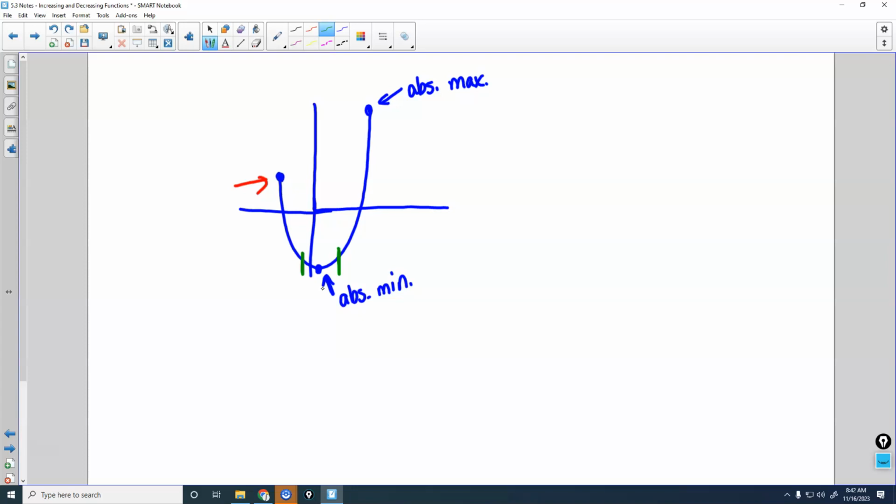Then it is an absolute minimum, but it would also be a relative minimum. However, I could not have relative maximums or minimums at the endpoints using that definition, because if I try to split it off, I can't split it off over here and over here because it's not defined over here. So, best I can tell, with the definition that AP uses, this is not going to be a relative maximum or minimum. It would just be nothing.